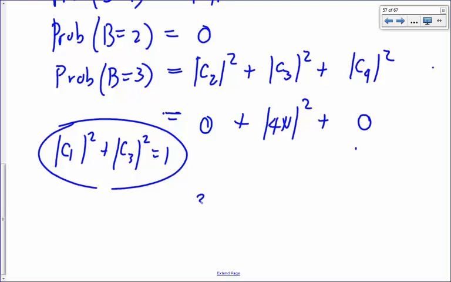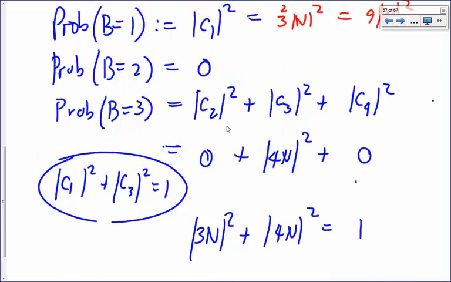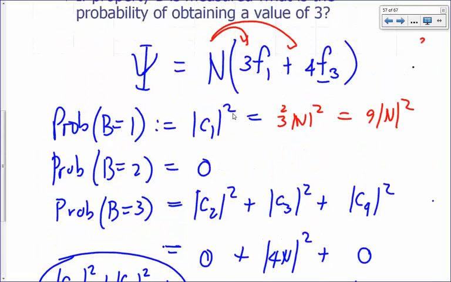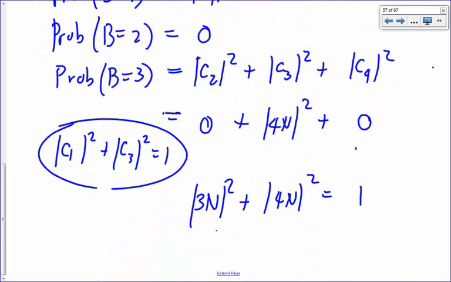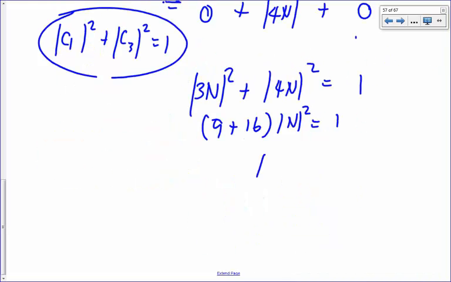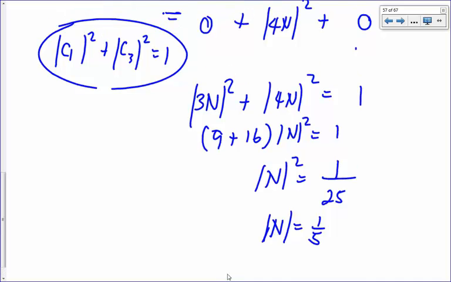You have the absolute value of 3n squared plus the absolute value of 4n squared is equal to 1. So that's C1 squared plus C3 squared must be equal to 1. So that's 9 plus 16 times the absolute value of n squared equals 1. So the absolute value of n squared is 1 over 25. So the absolute value of n is just 1 over 5.